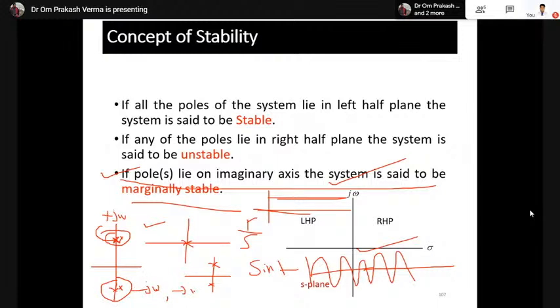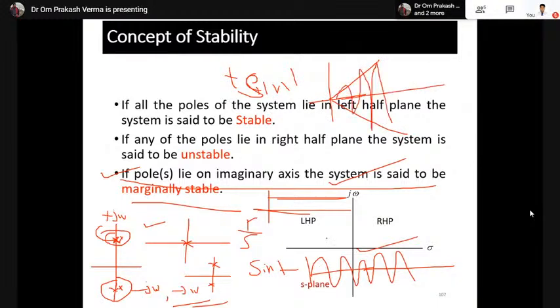So when you solve, you get a t into sine t type response. And again, this one is unstable. This is the unstable case. So remember, marginally stable is right, but not for the double pole. Not for the double pole.